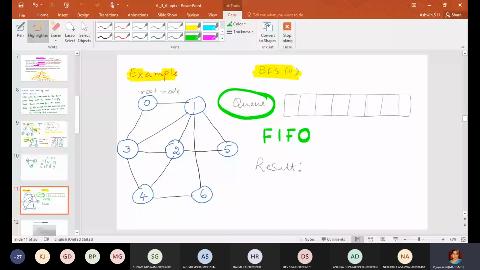Whenever you have confusion, just think about the bank counter. Suppose a person wants to fill some challan, or he wants to take some money or whatever it is.